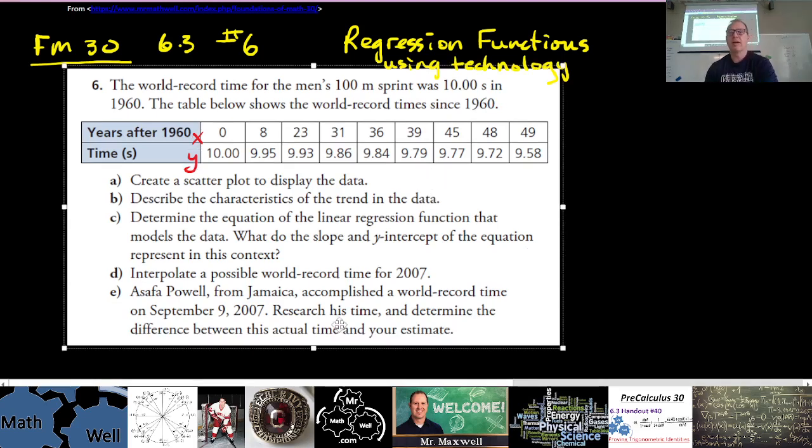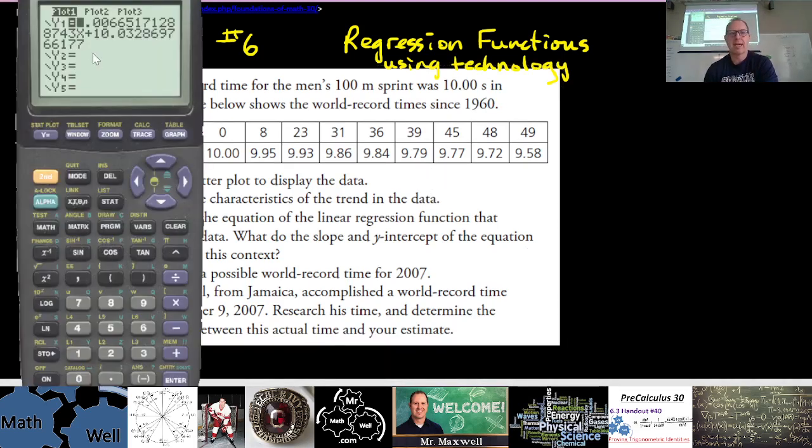The y-intercept, if we look at that graph again. 0, 10 was our y-intercept for our points, but the line of best fit gives us a slightly different answer. It gives us 10.03.